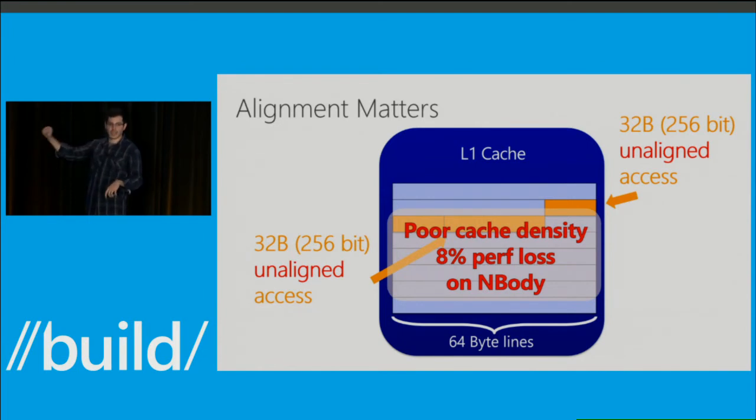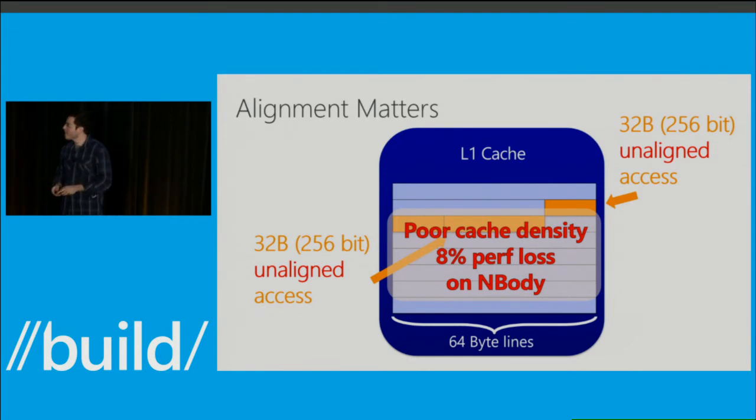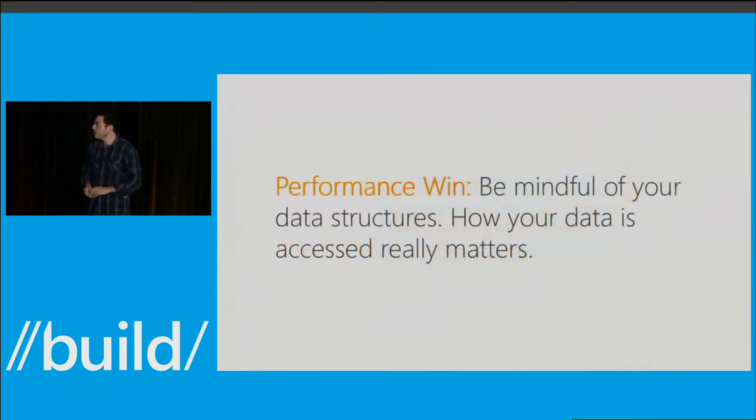Remember the first question that I asked at the beginning of the presentation, does less instructions yield faster code? No, it actually hit an 8% performance loss because the instructions that we were emitting were causing unaligned memory accesses, which I think is kind of neat. So the same performance statement as before. Be mindful of your data structures. How your data is accessed and how it's laid out in memory really matters.